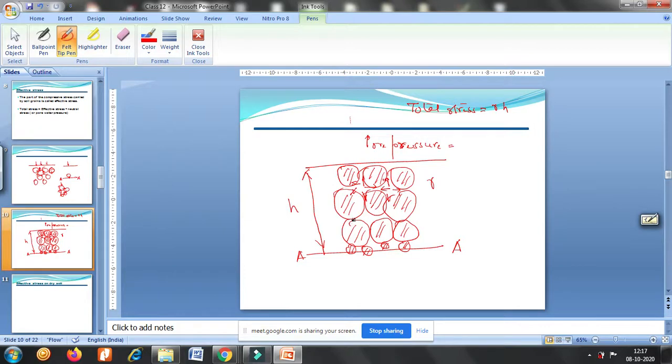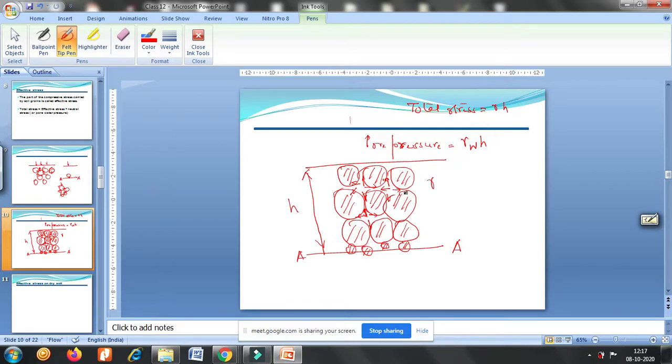This downward hydrostatic force will act as an additional stress over the line AA, and that is called the pore pressure. How do we find it out? We find it by gamma W into H.